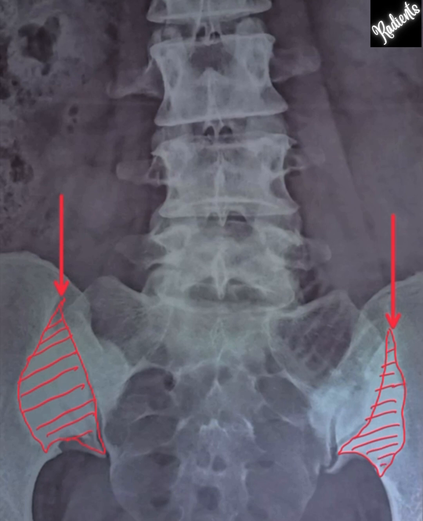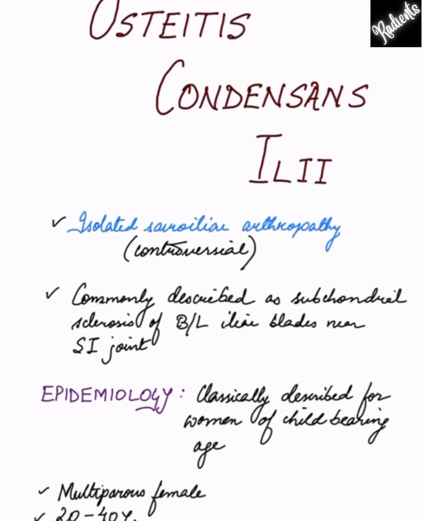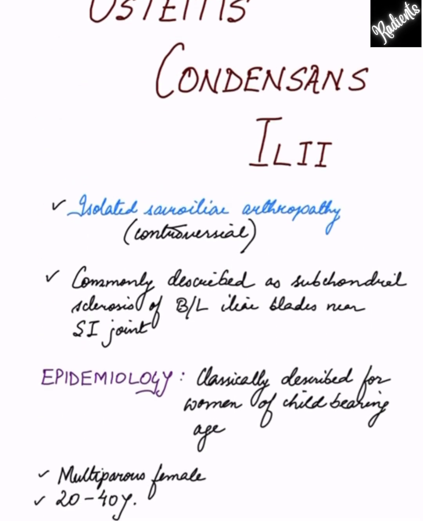So we were dealing with a patient who is around 30 years old, a young female, who was undergoing this investigation for some other reason, but we found this as an incidental finding. So the answer, which many of you have correctly answered, is Osteitis condensans ilii.